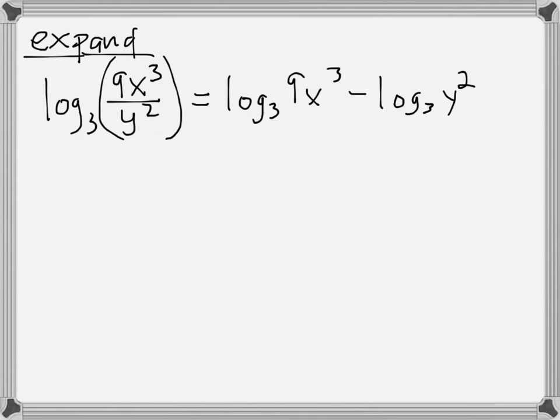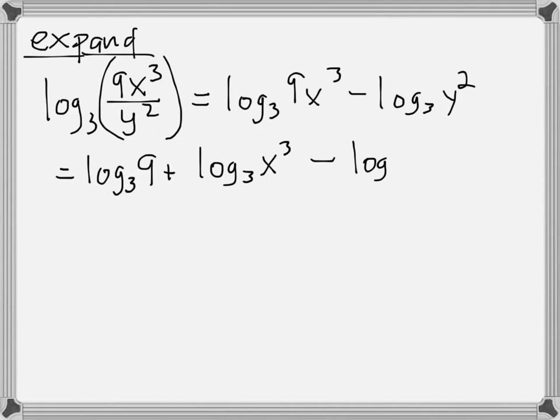So on the numerator, on the 9x cubed, this first log, I see that I'm still doing 9 times this number. So this is going to be log base 3 of 9 plus log base 3 of x cubed minus log base 3 of y squared.